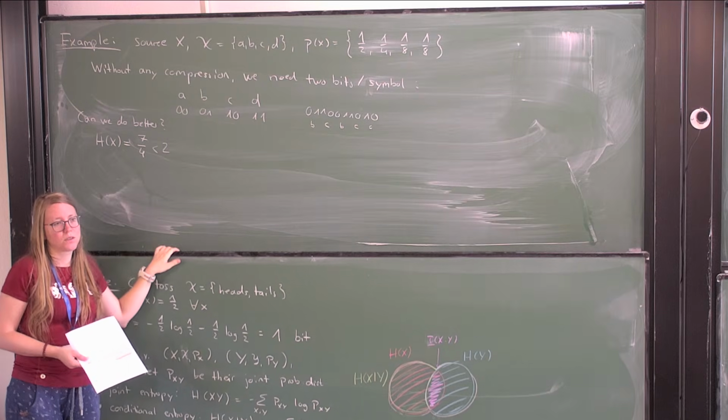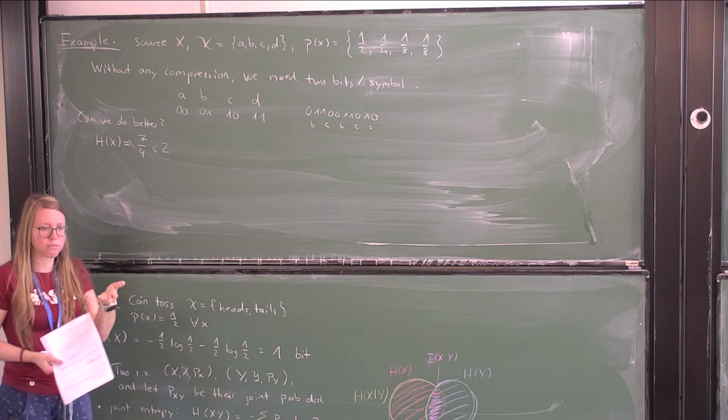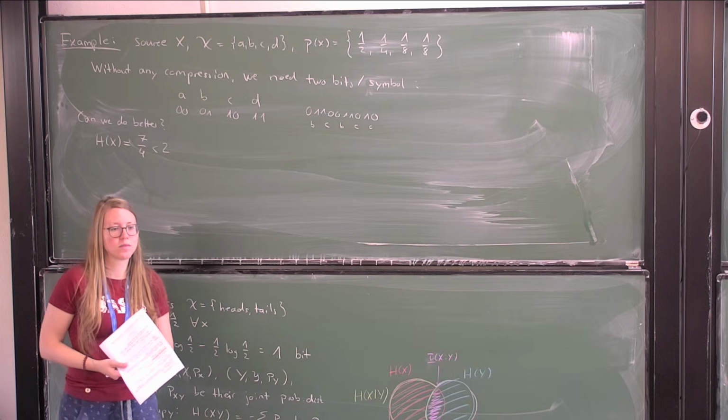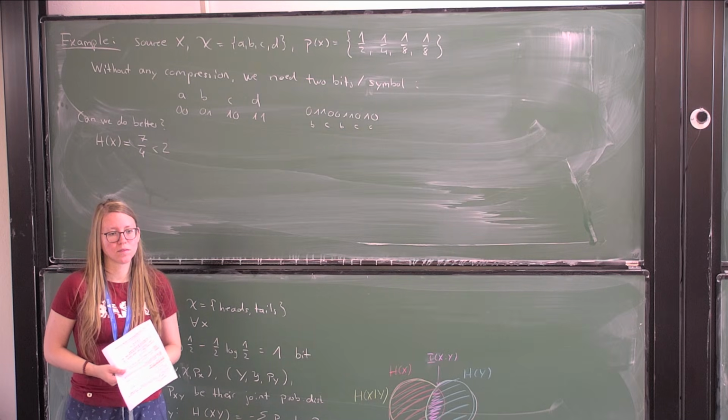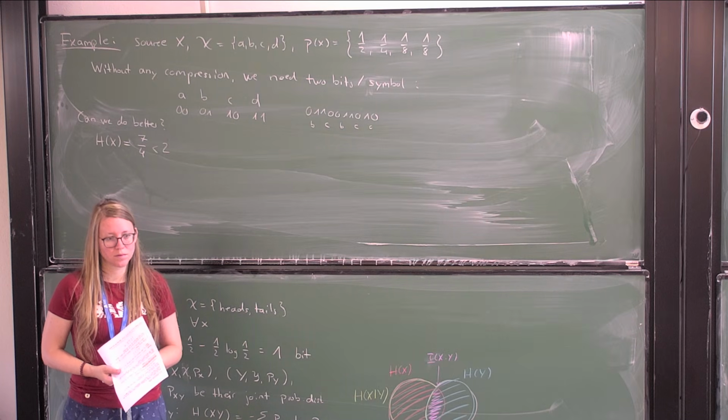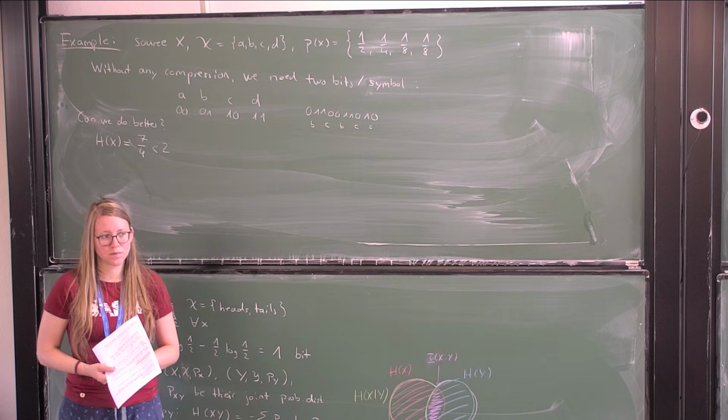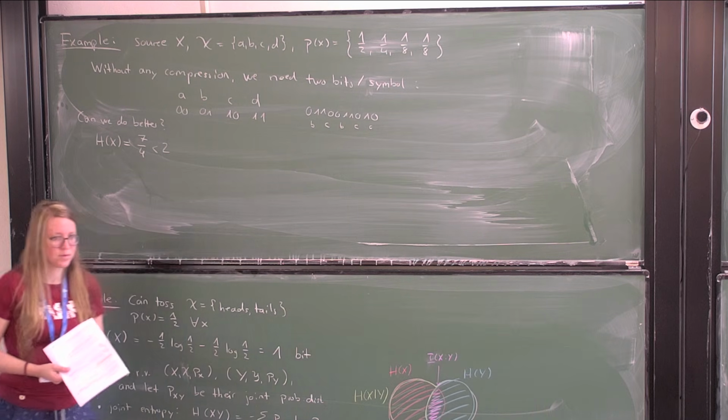Do you have an idea what one could do? Yes? So one could apply branching: since A has the highest probability, you encode A with 0, you encode B with 1 0, you encode C with 1 1 0, you encode D with 1 1 1.